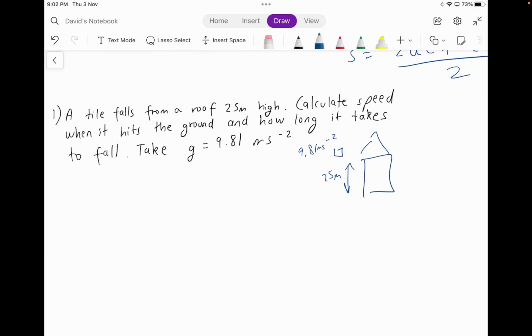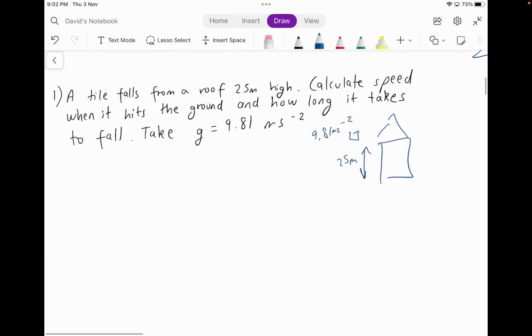So the first step when dealing with this question is to write down all your variables. We're going to write the word SUVAT so we understand what we're dealing with. We know that s, which represents displacement, is 25 meters. We know the initial velocity is 0 meters per second, since the tile is stationary to start with.